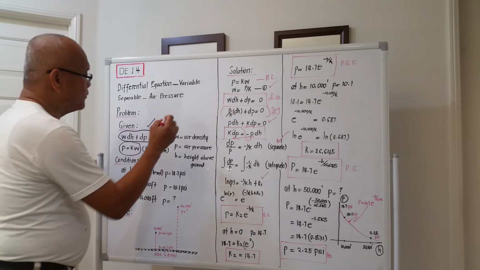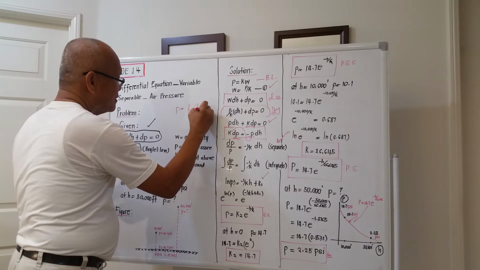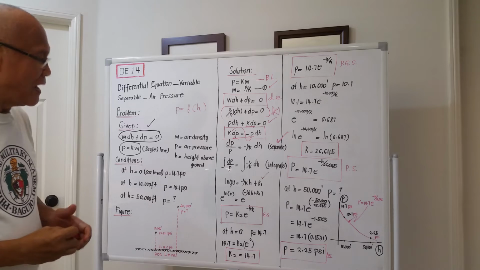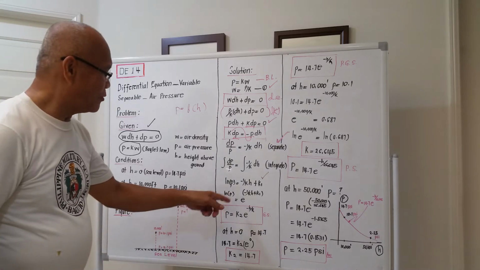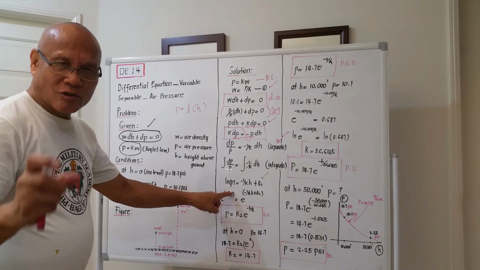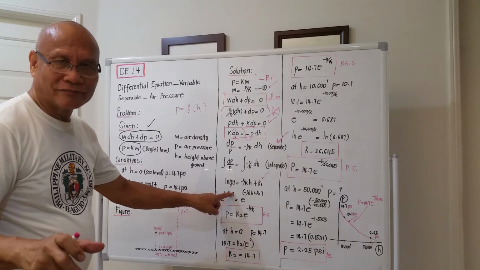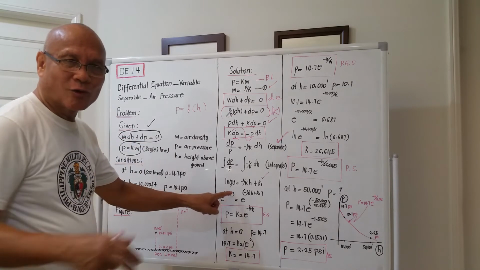We will try to compute for pressure as a function of H. But unluckily, the pressure is inside the natural logarithm. So to remove the natural logarithm, we will take the antilog of both sides.